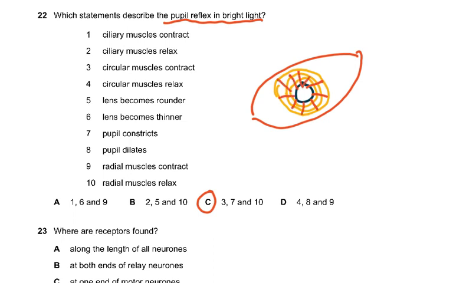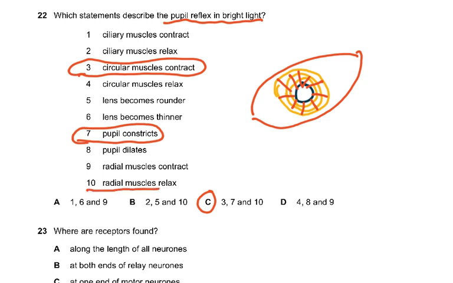They have asked us to describe the pupil reflex in bright light. So circular muscles will contract, the pupil constricts, and the radial muscles will relax.